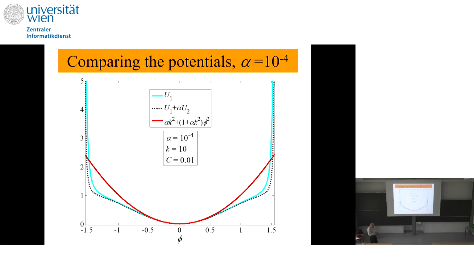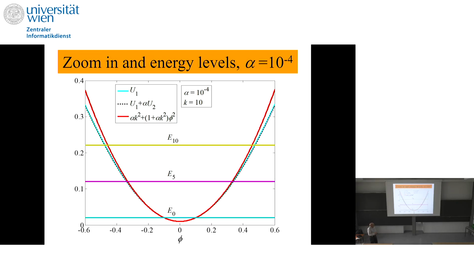If you look at the eigenvalues, you can see the problem: we can get only an order of 10, maybe less than 10, energy levels before all potentials diverge. And this is alpha of 10 to the minus 4.